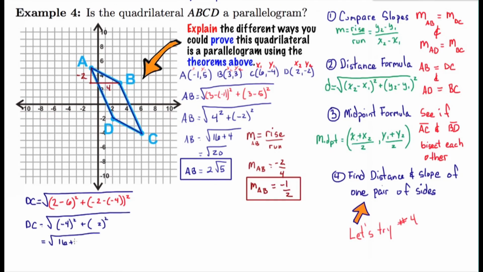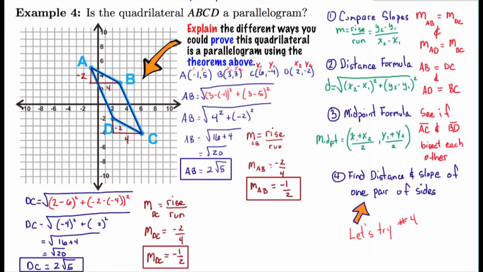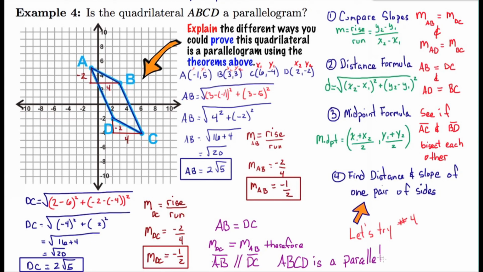And you'll see when I simplify this, I get 2 root 5, which is the same as the distance for AB. The slopes we can also do visually, and I go down 2 over 4. So the slopes are the same, the distances are the same, therefore AB and DC are parallel, and ABCD is a parallelogram. Well, that's it. I hope this makes sense.